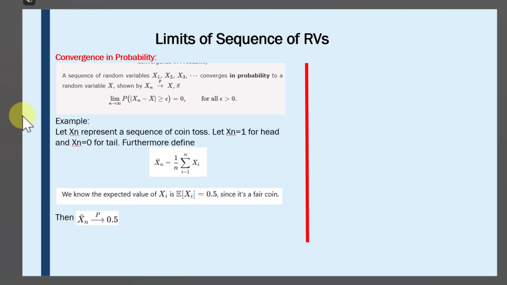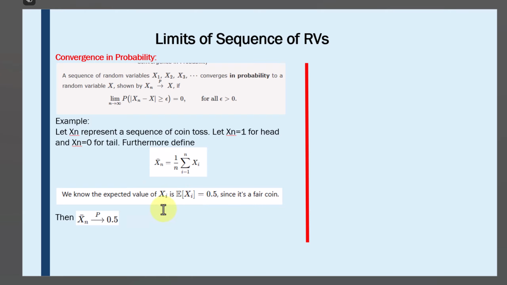The intuition behind this example is that as you flip a coin more and more times, the fraction of heads approaches 0.5 with high probability.